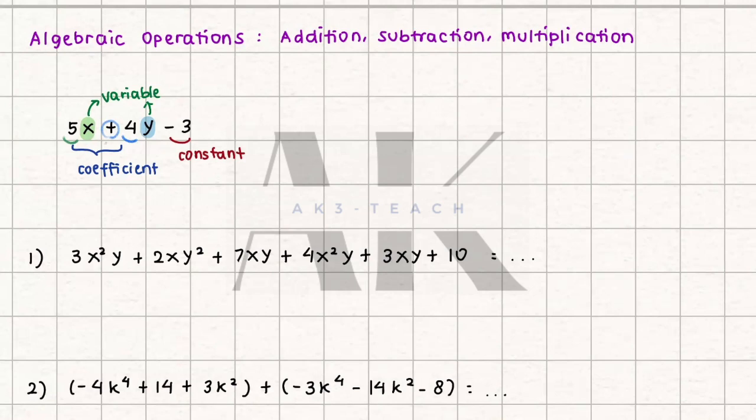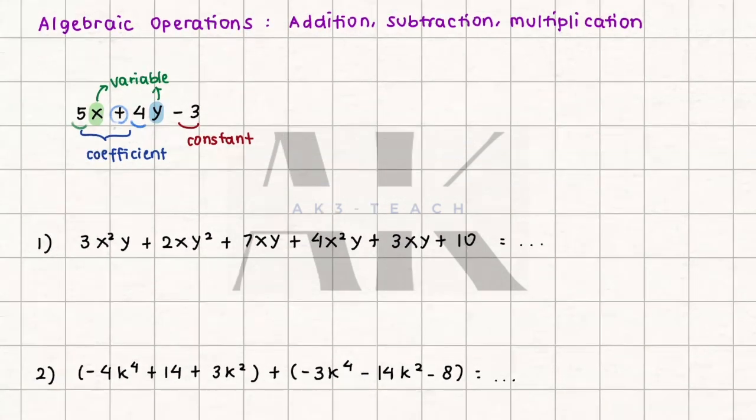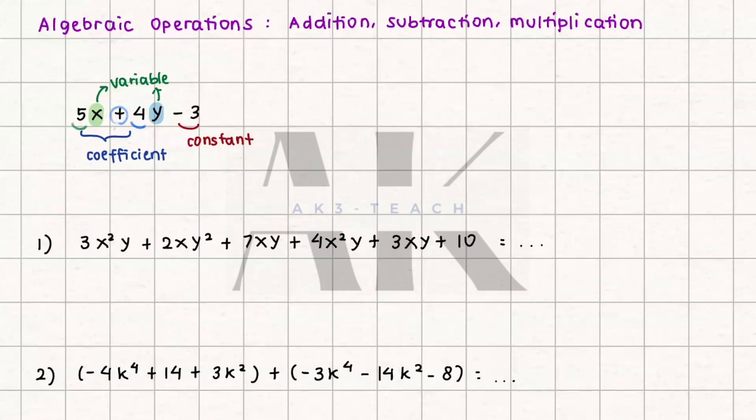In the first question, first of all, let's identify which variables exist in this. A quick scan of this will help you see that there are common variables here, such as this one and this one. Also, we have this one and this one.